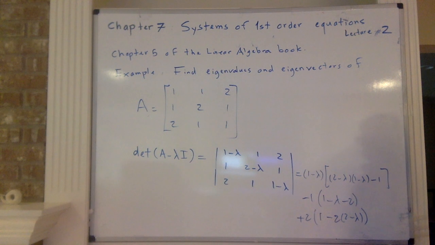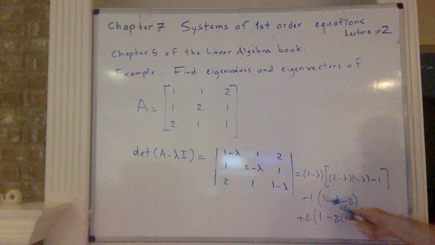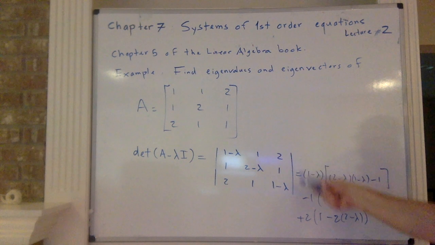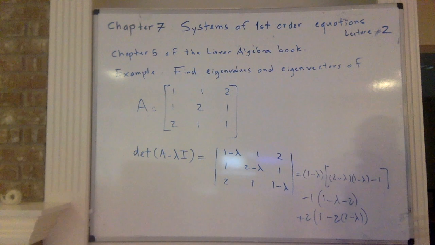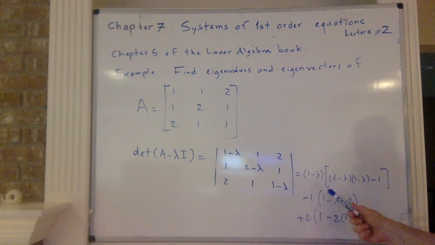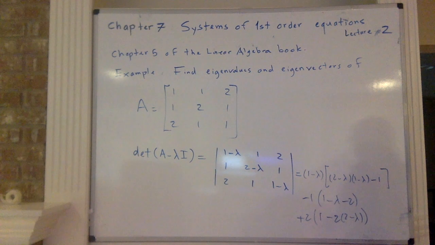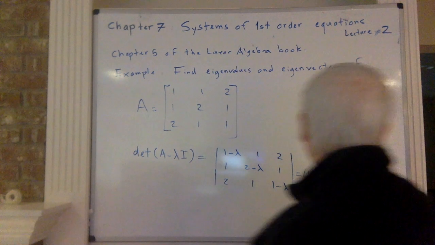Let me double check. 2 minus 1, minus 1, minus 2. This one is 1 times 1. Okay. So, well, let's simplify.